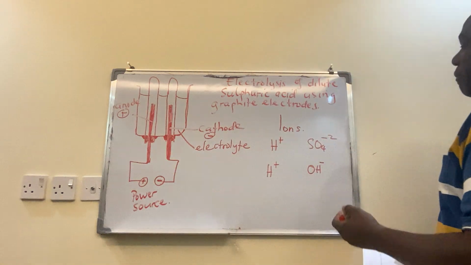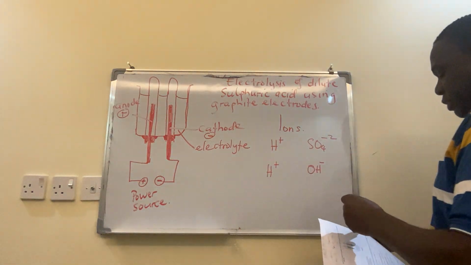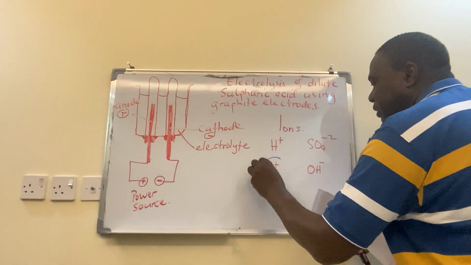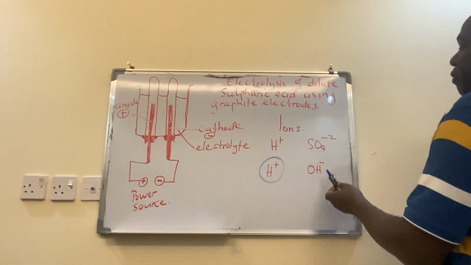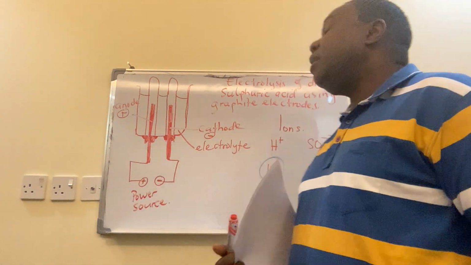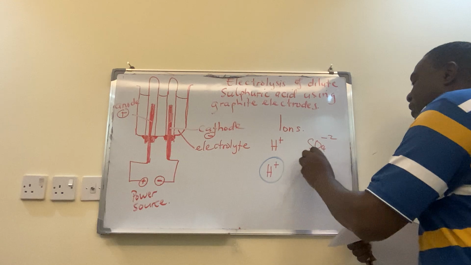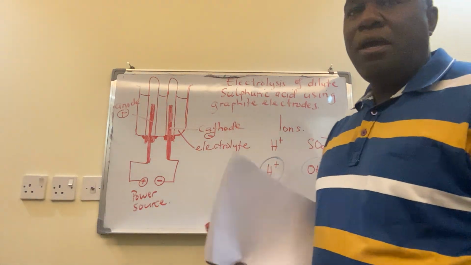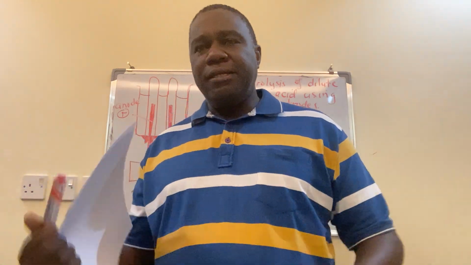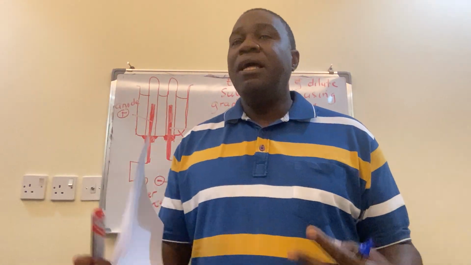What's going to happen in actual sense is we are going to discharge hydrogen. And when OH is present together with the sulfate ion, you're going to find out that it is the OH that we discharge. When you come to A level, you'll be given a data booklet where you can look at the electrode potentials, and then you can actually use the figures that are there.